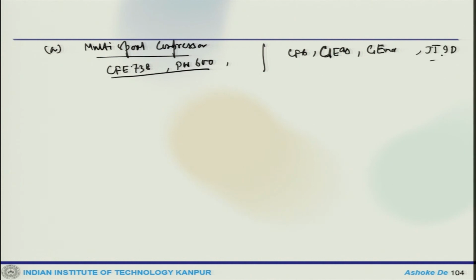Okay. And there are plenty of examples, like the General Electric engine CFE 738, Pratt and Whitney PW 600. Then also there are high bypass ratio 2 spool turbofan engines like CF6, GE90, then GEnx, Pratt and Whitney JT9D, and PW 4000.